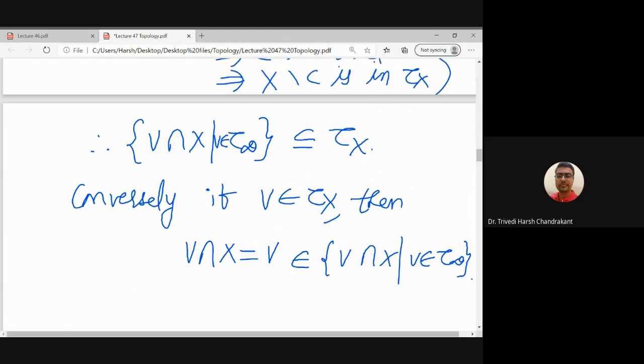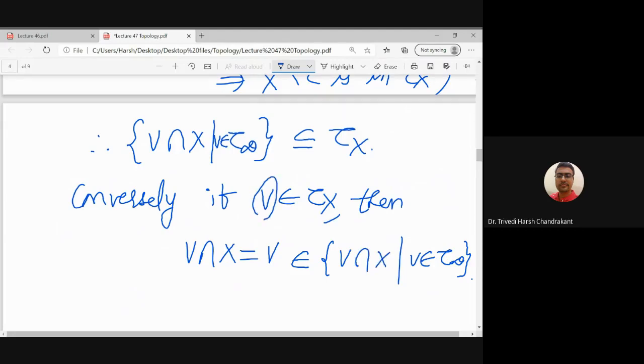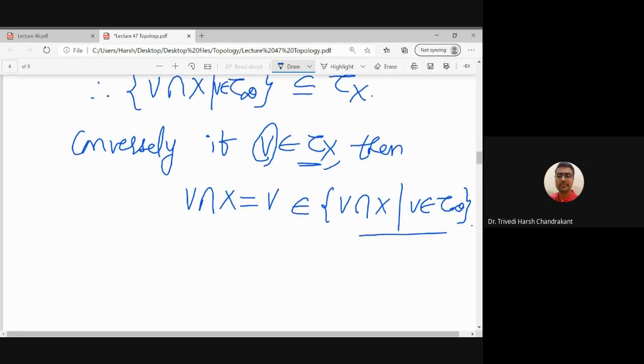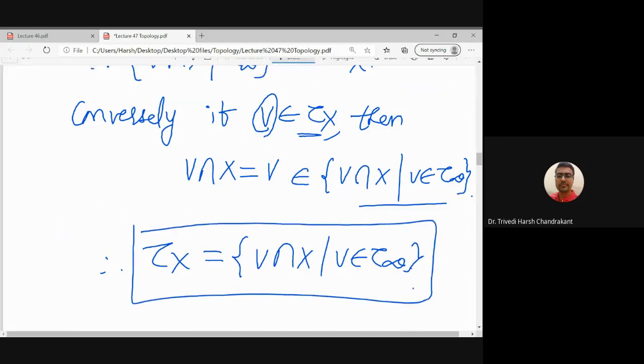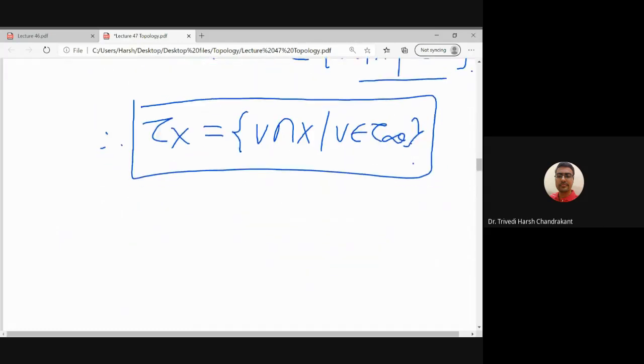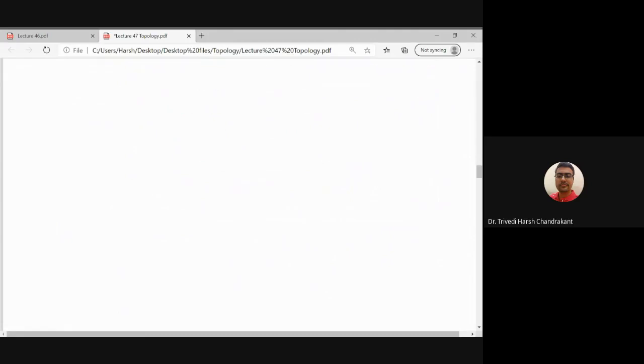So every element of tau X is here basically. So the converse is also true. So finally we get tau X is equal to V intersection X, where V belongs to tau infinity.